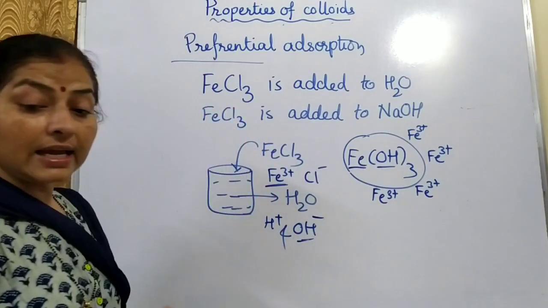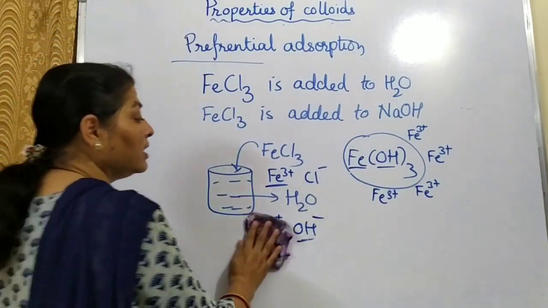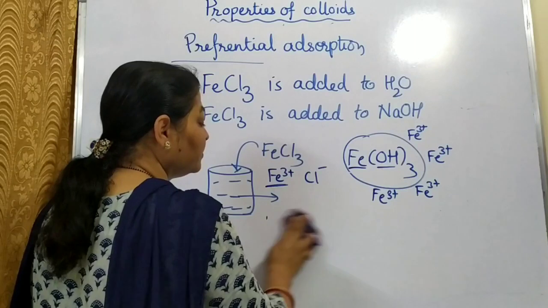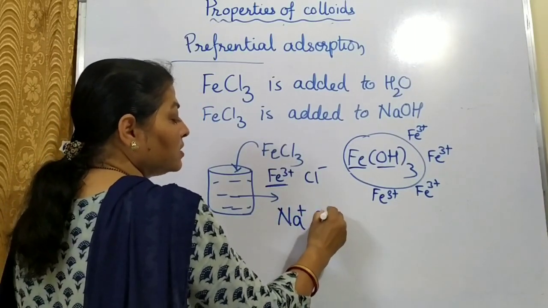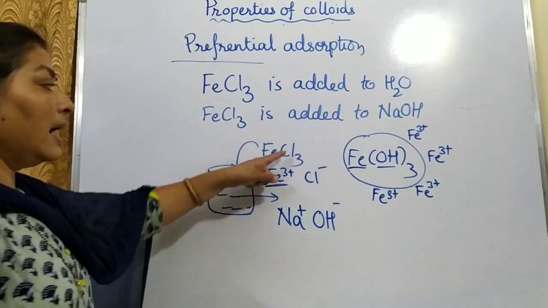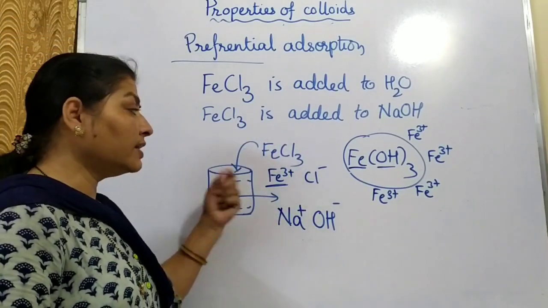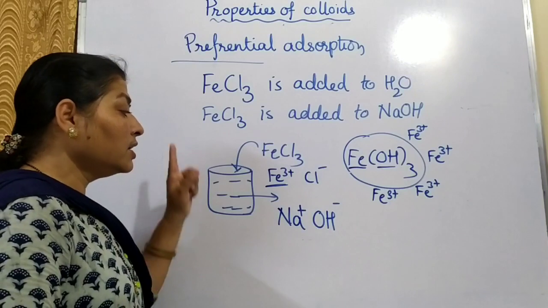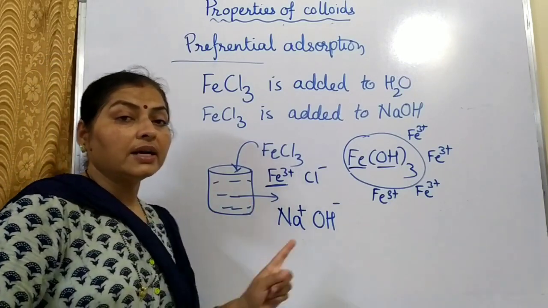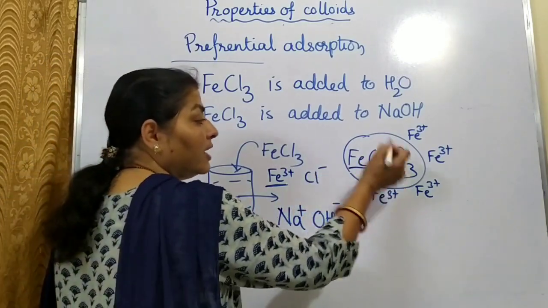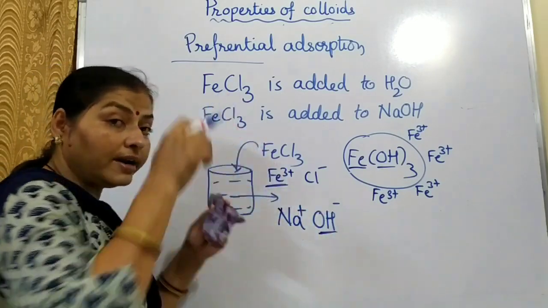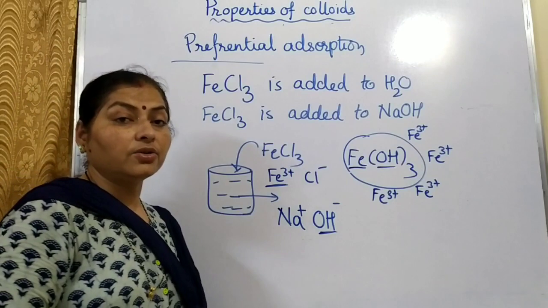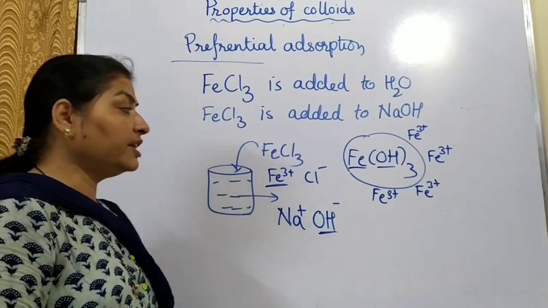Let us see the next case. In the next case, we have NaOH in the container, Na plus and OH minus ions, and FeCl3 is added. If we consider both to be of the same concentration, which ion is more in the container out of Fe and OH? OH is already present. NaOH is a strong electrolyte, so it will have more OH minus ions.